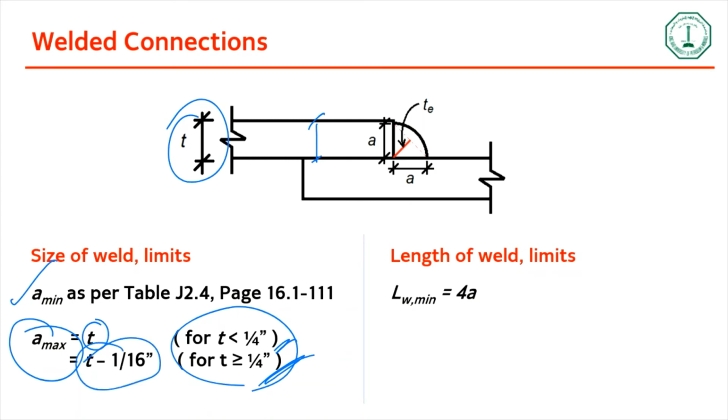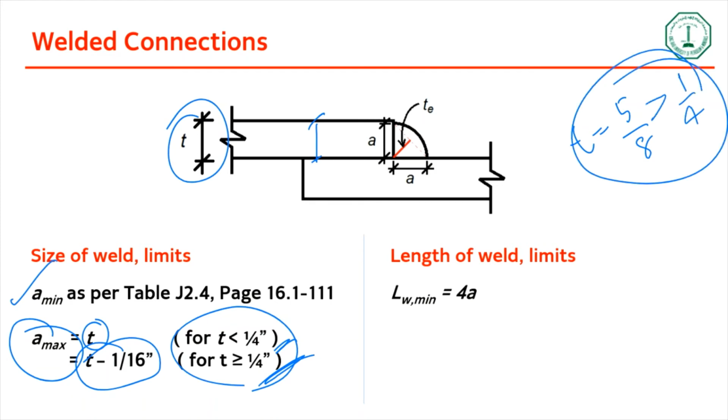So in our case, the thickness t is 5/8, which is greater than 1/4 of an inch. So the a max value is 5/8 minus 1/16. So let's go back to the problem.